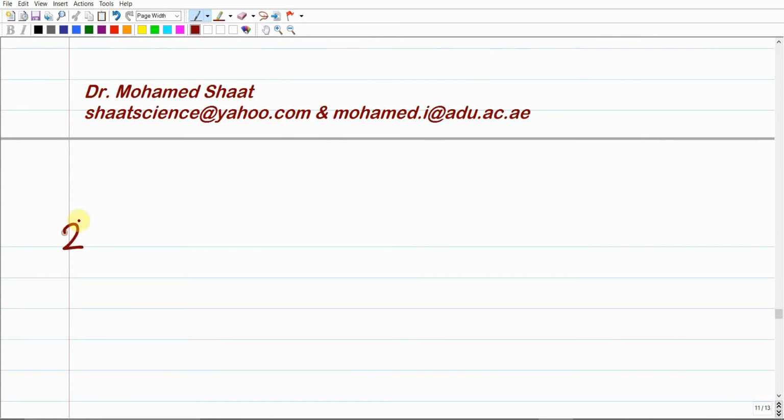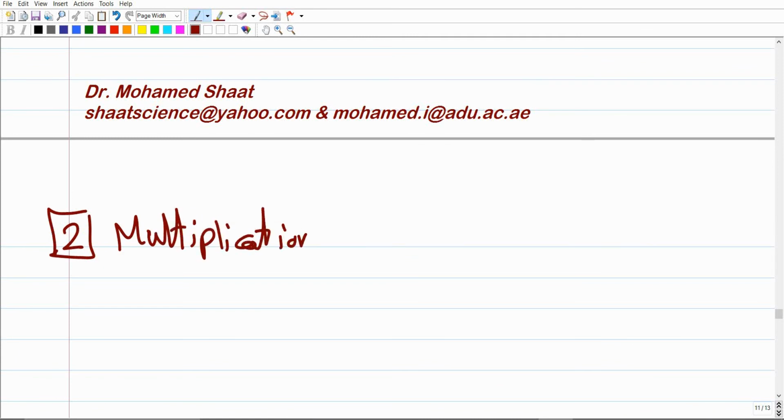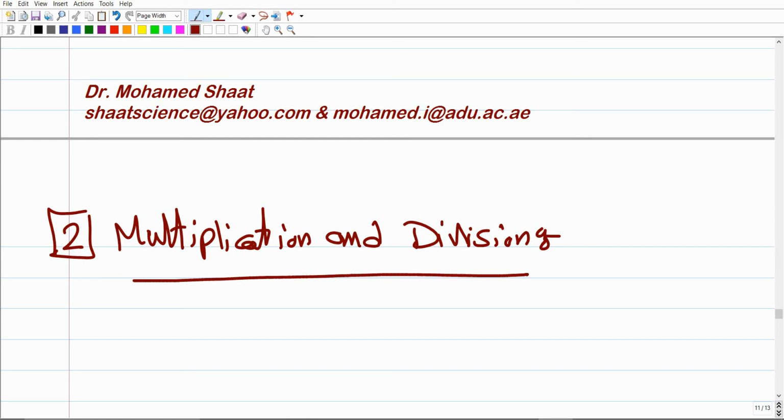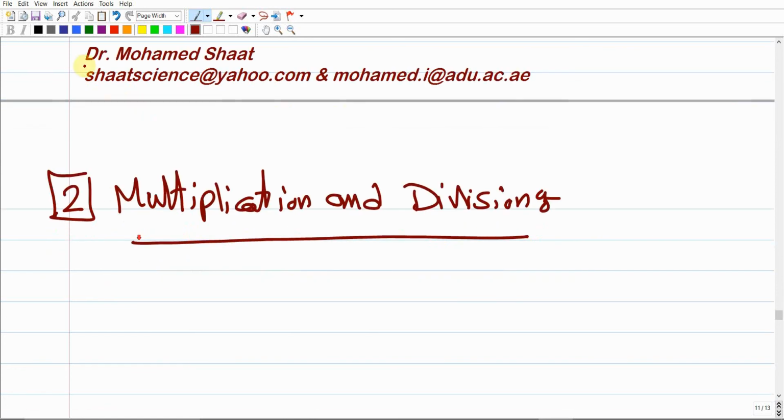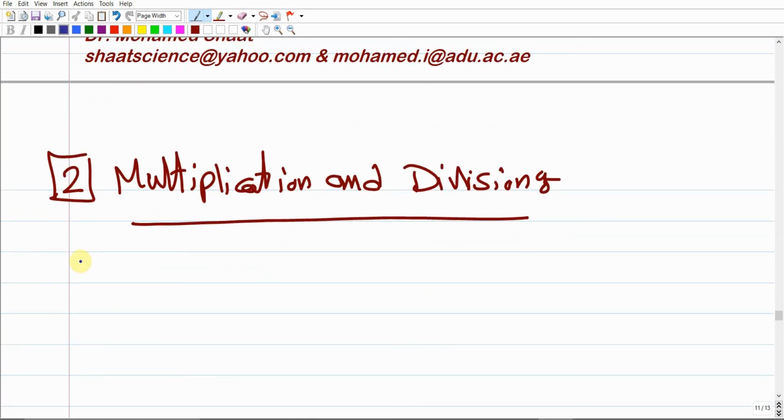So operation number 2 is the multiplication and division of complex numbers. The multiplication or division of two complex numbers can be performed in the polar form or in the exponential form. It is better to do them in the polar form or the exponential form.